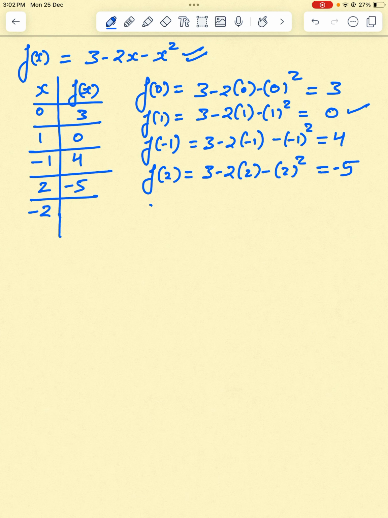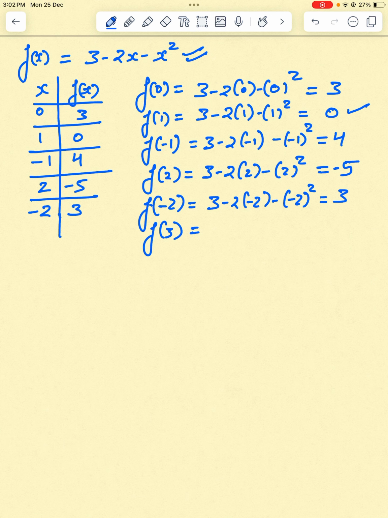So at x equals minus 2, it should be 3 plus 4 minus 4, that is 3. Now if you find the value of f(x) at x equals 3, if you do it on your own, you will get minus 12, and at x equals, sorry, minus 3, you will get 0.